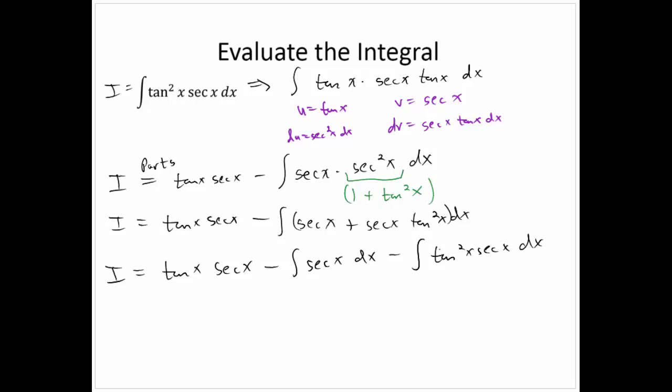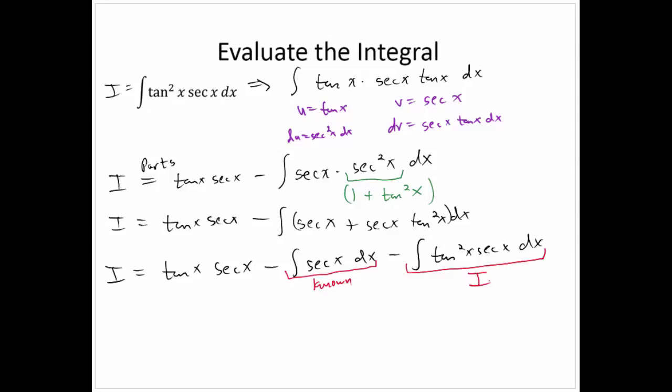Now look at this for a moment. This is known, but this is unknown, and that was the original integral, wasn't it? That is I. So notice what I've got here. I've got this original integral on both sides of the equation.